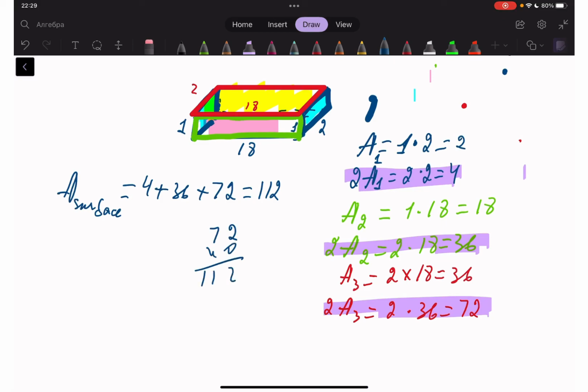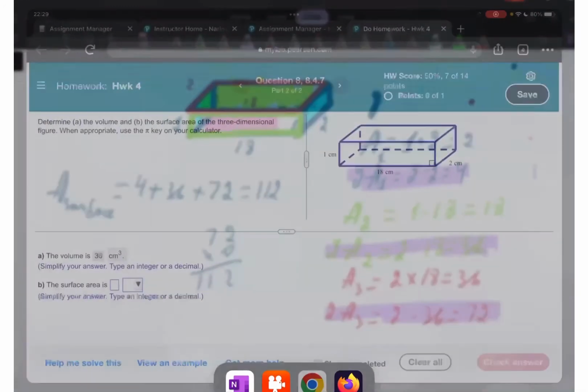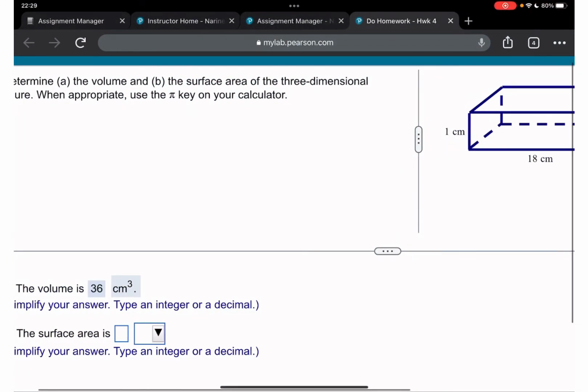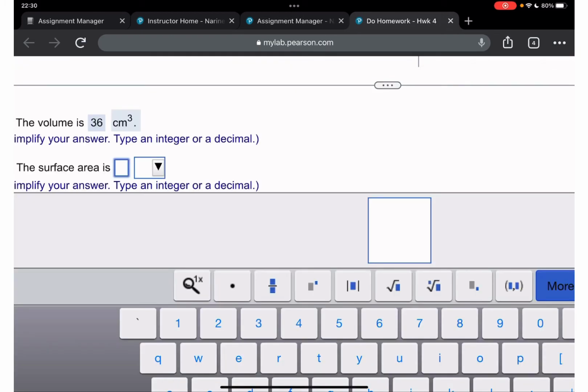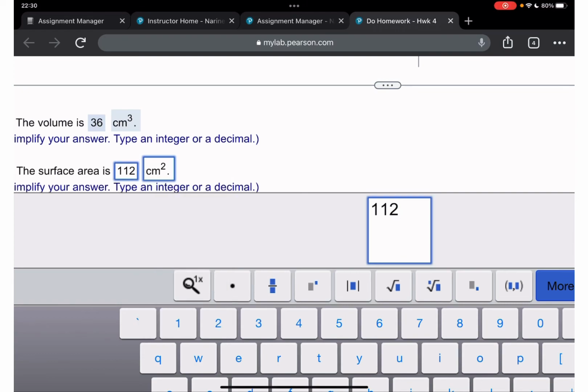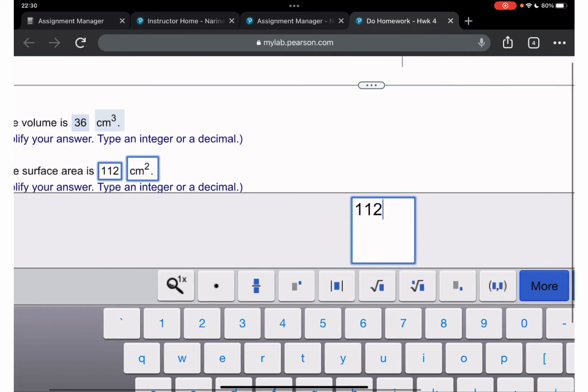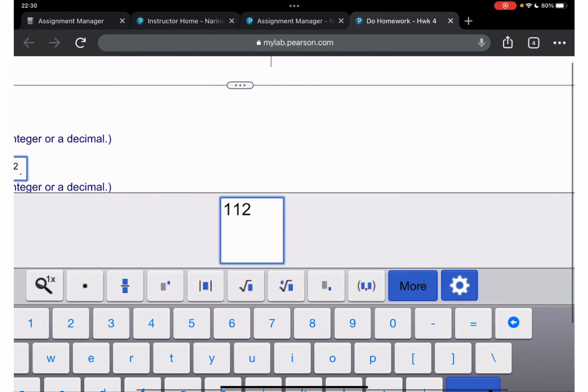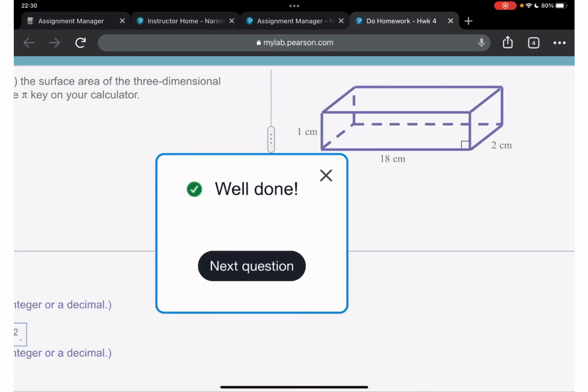Yeah, 112. Okay, let's write down. And surface is going to be squared because we always have squared. Centimeters times centimeters. Well done. Good job.